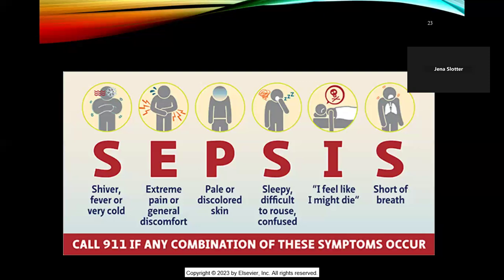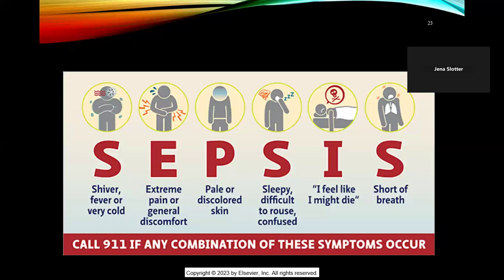Another thing that will differentiate septic shock is your coronary artery perfusion and myocardial O2 metabolism.